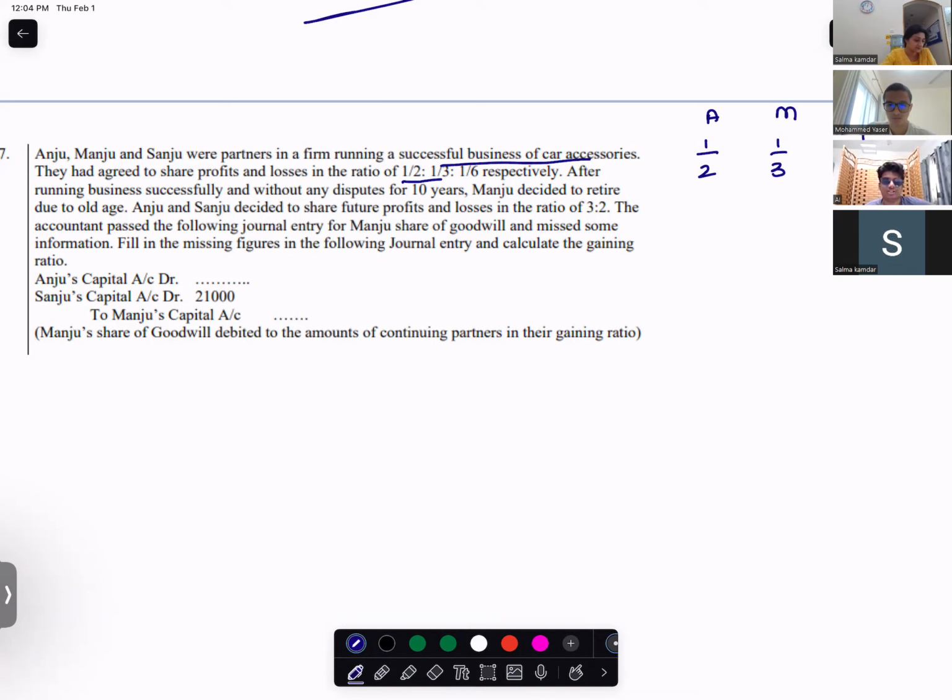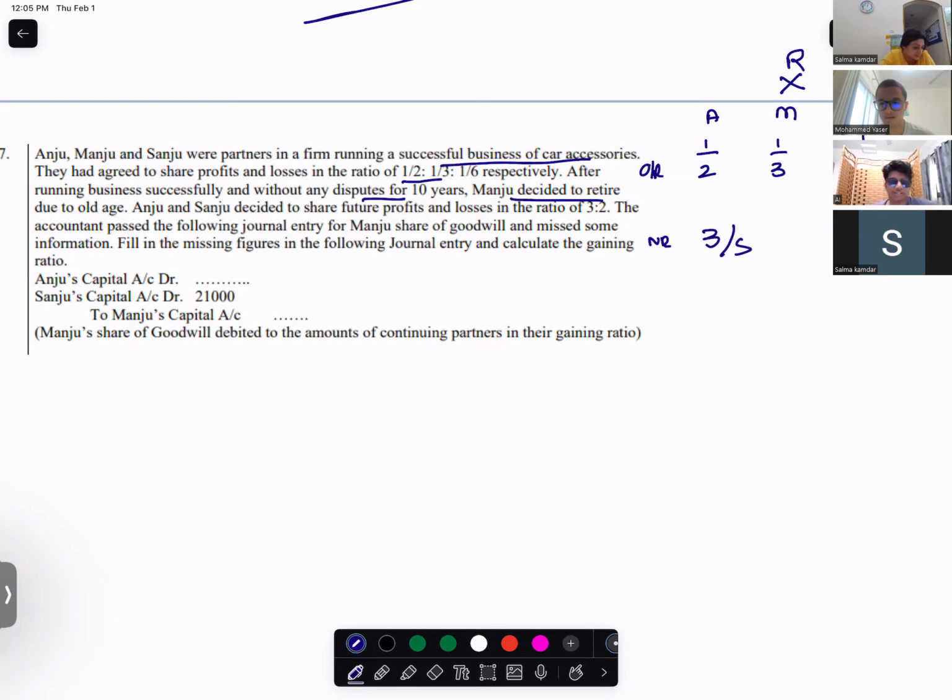After running the business successfully without any dispute for 10 years, Manju decided to retire. Anju and Sanju decided to share future profits in the ratio of 3:2. That is the new profit sharing ratio.